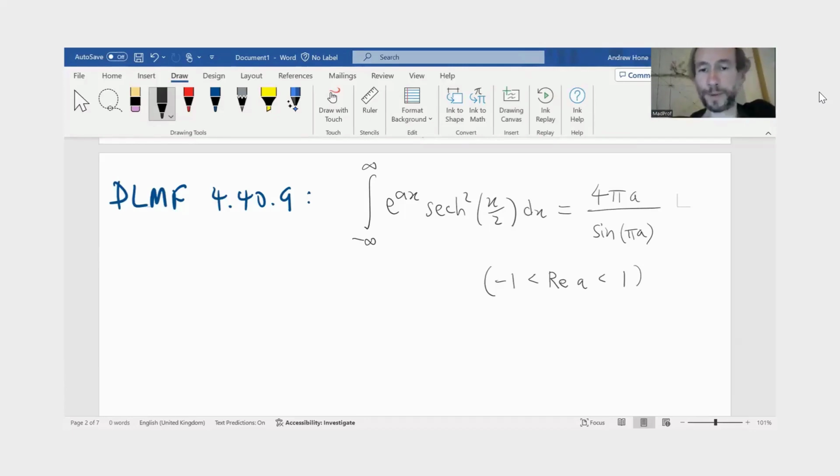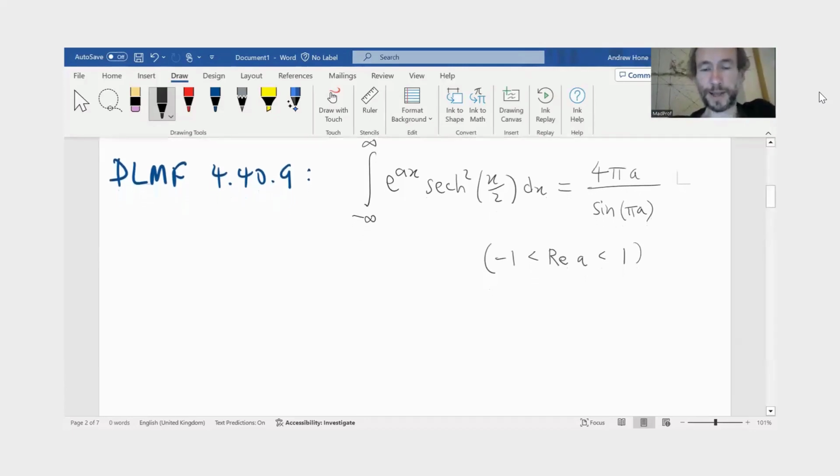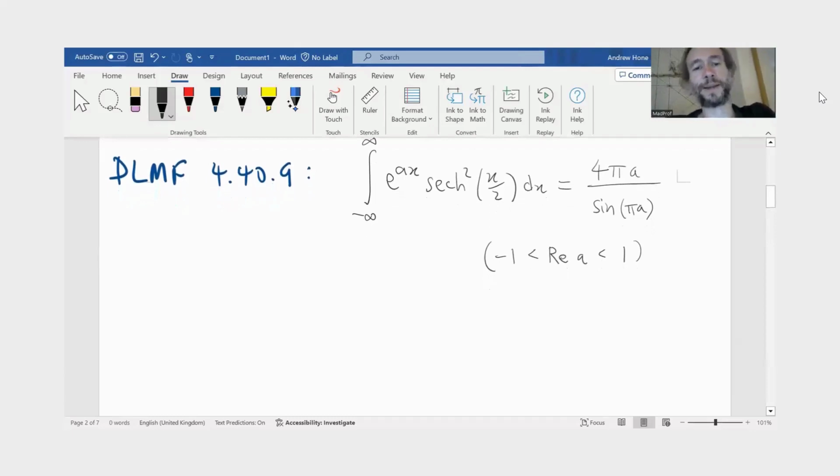Okay, so what I'm going to do now is actually calculate this integral by doing a residue calculation. So the idea is that we want to integrate this function around a rectangular contour.